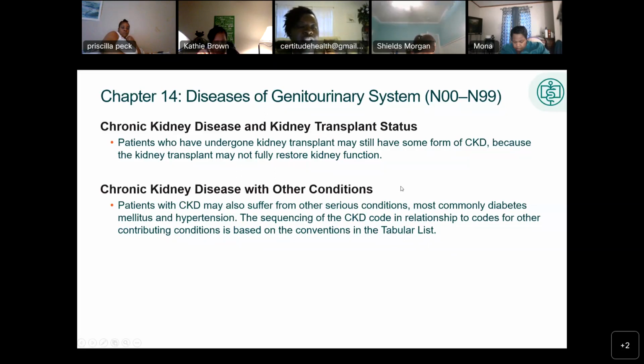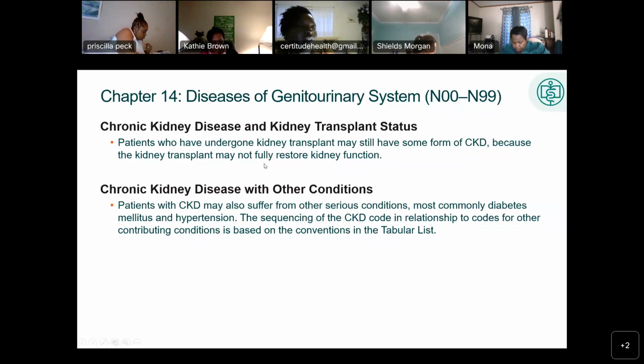So other conditions would be those conditions that we talked about back when we did chapter 9, guidelines for the circulatory system, as well as chapter 4's guidelines for the endocrine and metabolic system.